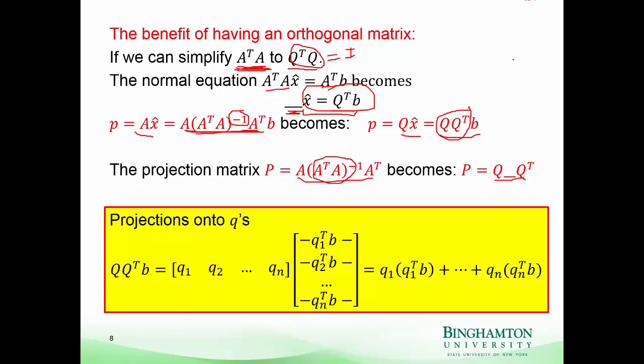And we can interpret this another way. When we look at this result up here, Q transpose B, if we write out what that looks like, here's our Q matrix, here's our Q transpose times B. You can see how we've already put the B in doing an inner product with each of the rows of Q transpose.